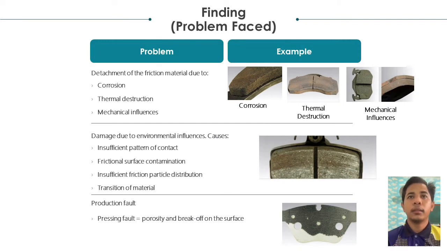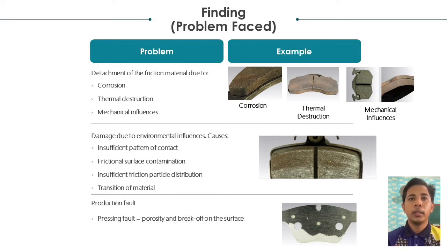Next, problems faced. As you can see in the slide, there are problems and examples of the problems that we can see on the product. First, detachment of the friction material due to corrosion, thermal destruction and mechanical influence.